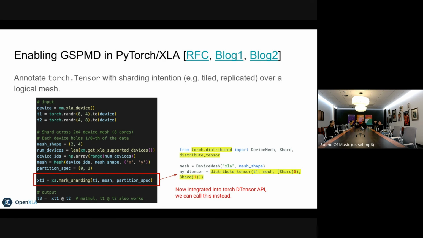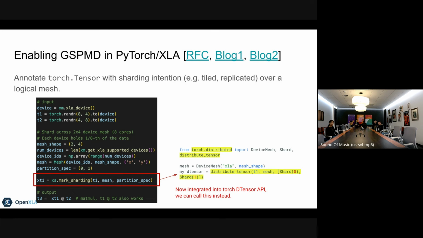Afterward, the actual computation at the bottom, T3 equals T1 matmul T2, happens exactly the way it is written for a single XLA device, but the execution happens over multiple devices, in this case 8 devices, since T1 is partitioned. It is important to note that we are not explicitly calling all-gather on T1. We are partitioning T2 to match the partitioning of T1, and the T3 computation just gets executed in a distributed manner.